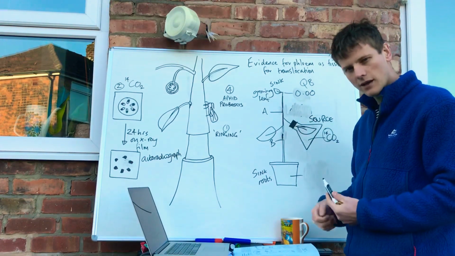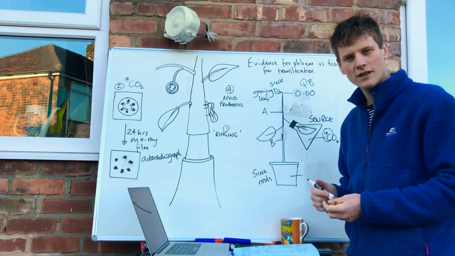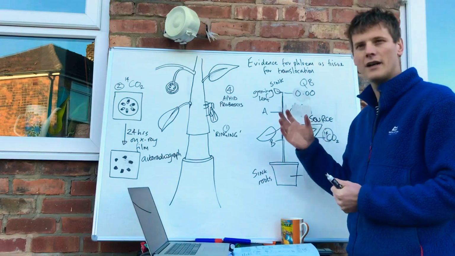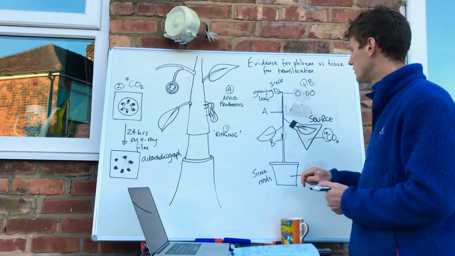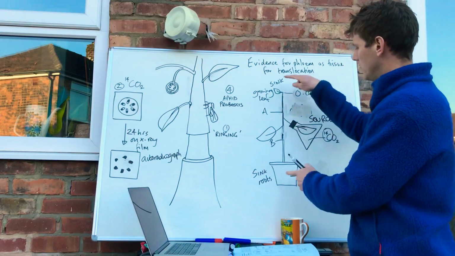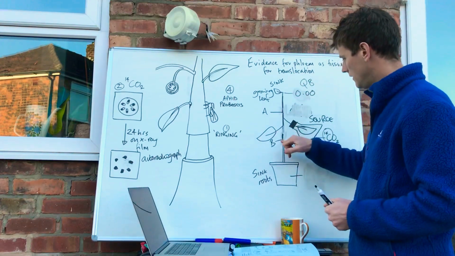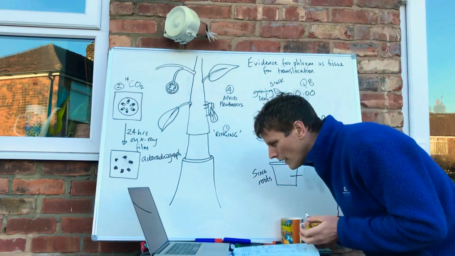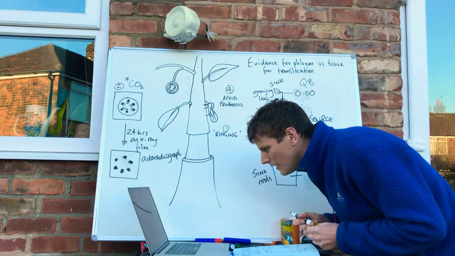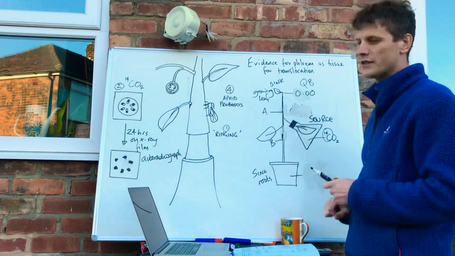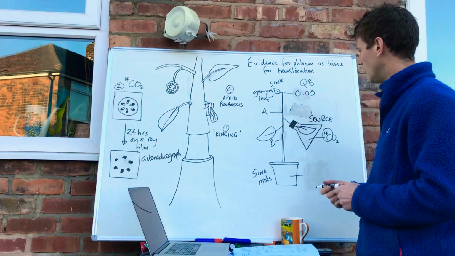There's a lower hydrostatic pressure at the sink, so those products in the phloem move from a high hydrostatic pressure at the source towards those lower hydrostatic pressures at the sinks. We've got A and B above and below, and that's because there is a sink in the root and a sink in the growing parts at the top of the plant.